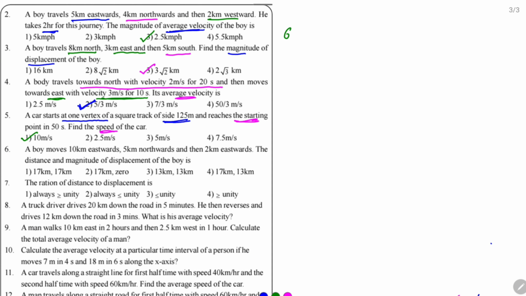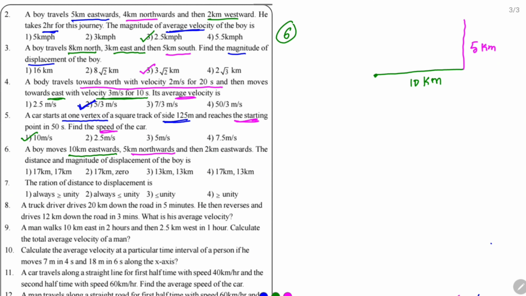Question number 6. A boy moves 10 kilometer eastward. So from here he is starting, he is moving 10 kilometers east. Fine. And 5 kilometers northward. So he is moving in the north direction 5 kilometers.